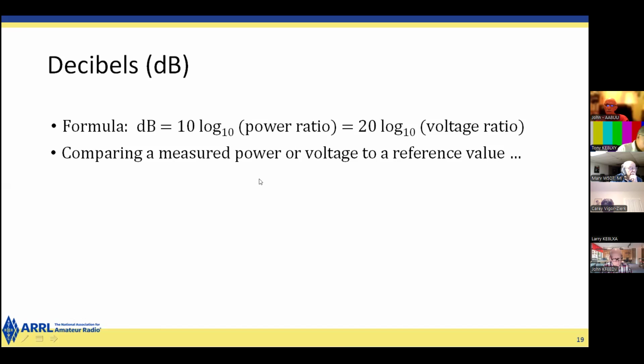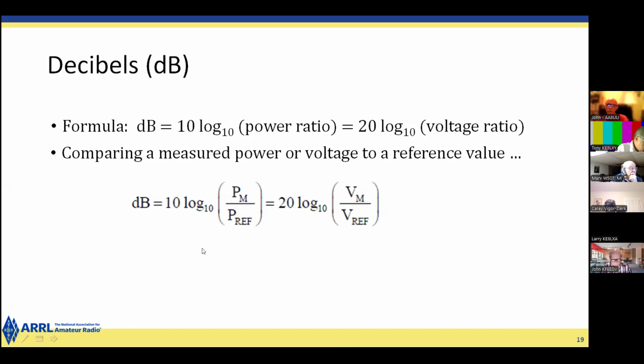It's not any one unit like watts or volts. Sometimes they'll say dBm, which means dB referenced to milliwatts. So here's the basic equation: 10 times log of the measured power to the reference power, and 20 for the voltage ratio, measured to reference.